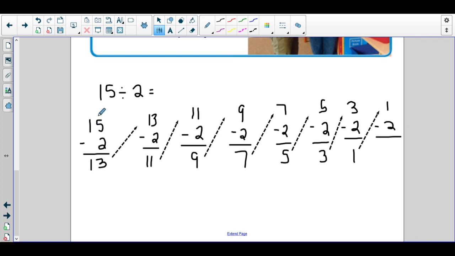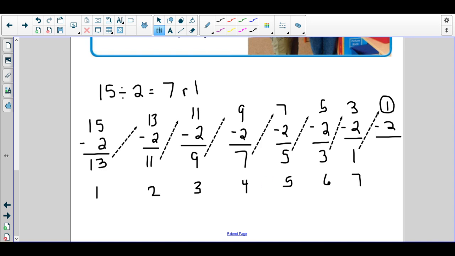So, what does that mean? Well, let's first of all count our jumps. We made our subtractions here. 1, 2, 3, 4, 5, 6, and then 7. Okay, so we made 7. And after we did that, how much did we have left over? We had 1 left over, so we would read that as 7 remainder 1.